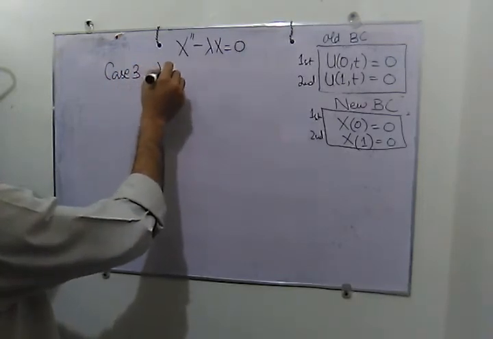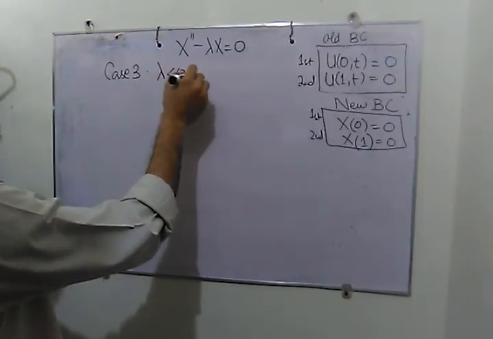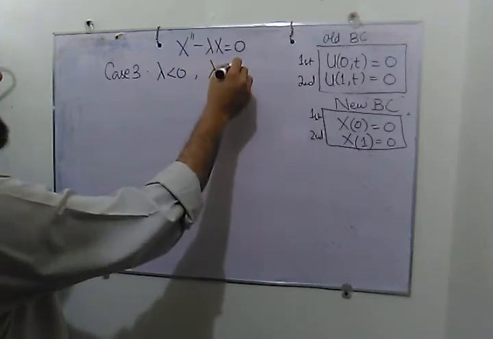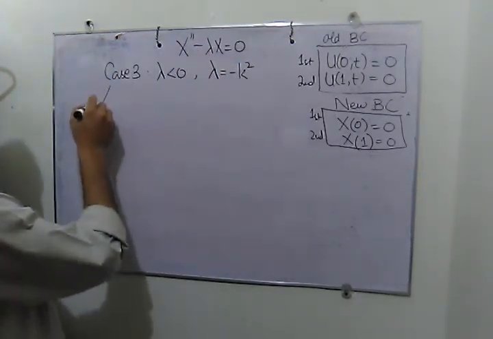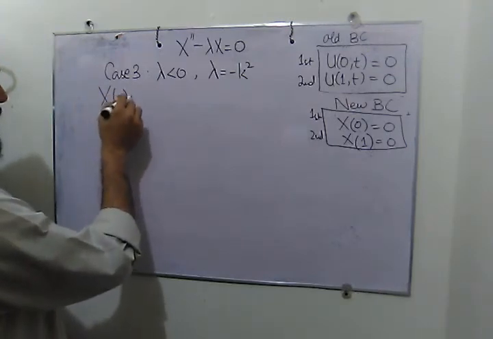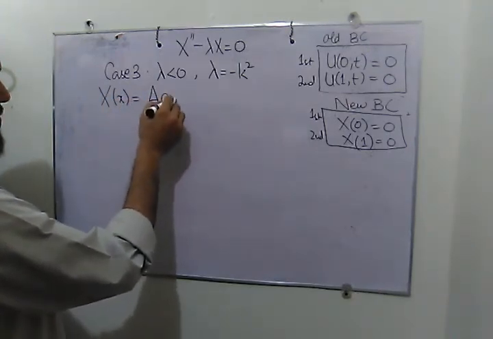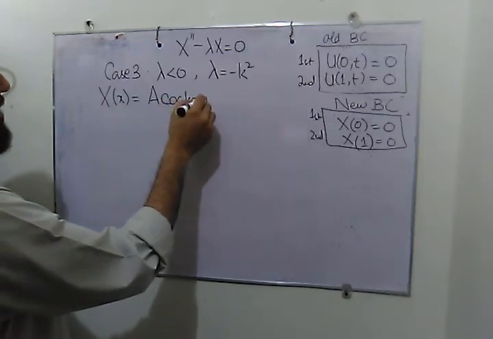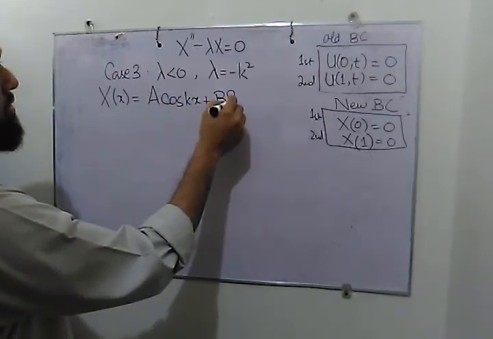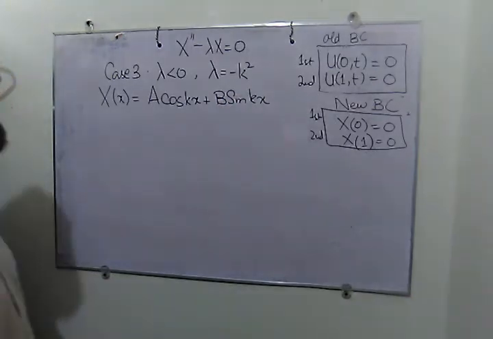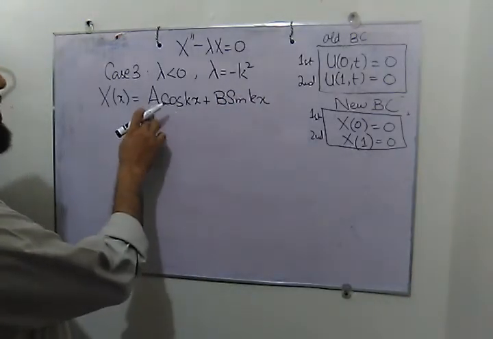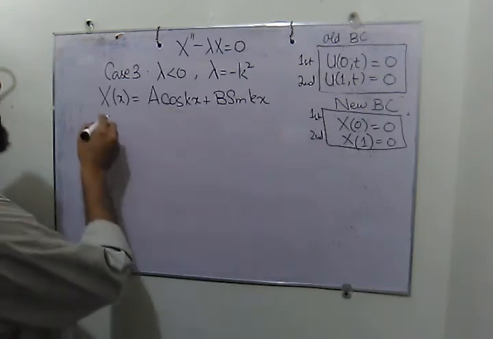When lambda is less than 0, or lambda is equal to minus k square, when we put k square here, we will get a solution in the form of sine and cos: a cos kx plus b sine kx. Now we need the value of the coefficients. We use the boundary conditions.